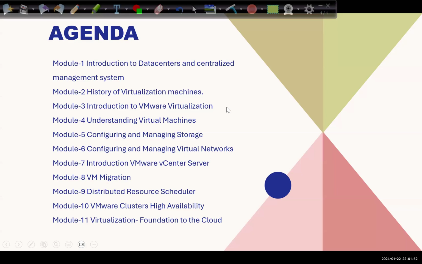We are setting up the foundation to this class, and I'm pretty sure that very soon we'll be able to get into those real-time topics. Okay, let's go back. Let's quickly have a look at our agenda. Today we started with data centers.